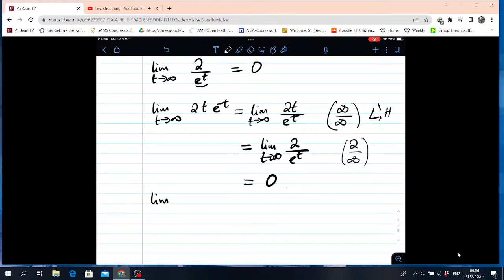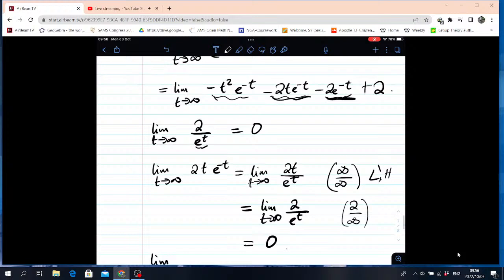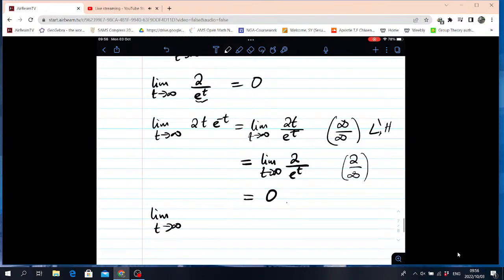Let's look at the next function, which is the first one there. So we get t squared e to the minus t, and that can be written as the limit as t tends to infinity of t squared over e to the t, right? And then we can see as t tends to infinity, t squared goes to infinity, and e to the t goes to infinity, so we've got an infinity over infinity situation.